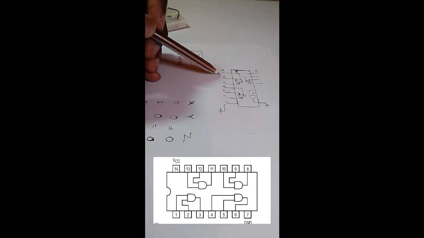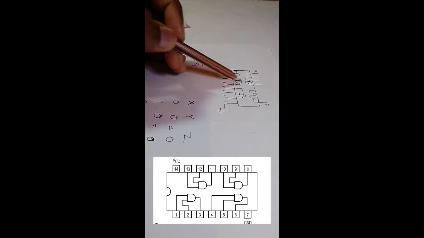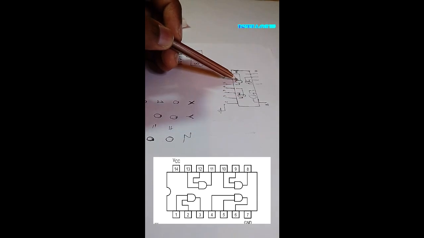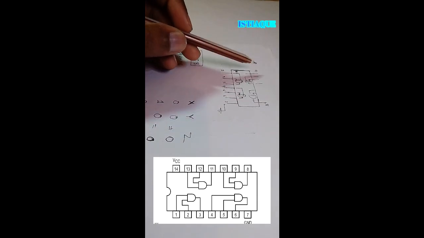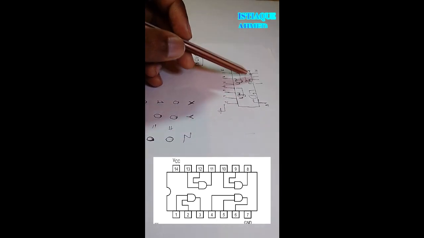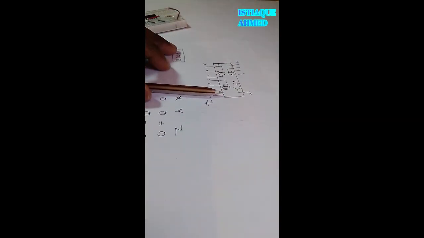First of all we see 1, 2 and 3, and there is an AND gate, and also there is another AND gate. Total 4 AND gates in this IC. The IC's pins 14 and 7 are not for the gates, they are just for ground and power. Pin number 7 is for ground and pin number 14 is for power.